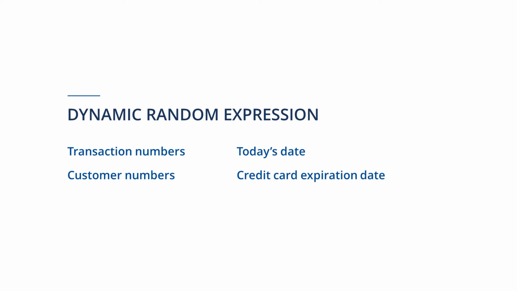These may include item-dependent values, so for example a transaction number, a customer number, and so on. Or time-dependent values. So that would be, for example, today's date, a credit card expiration date, a delivery date, and so on. Dynamic dates will be covered thoroughly in the next lesson.